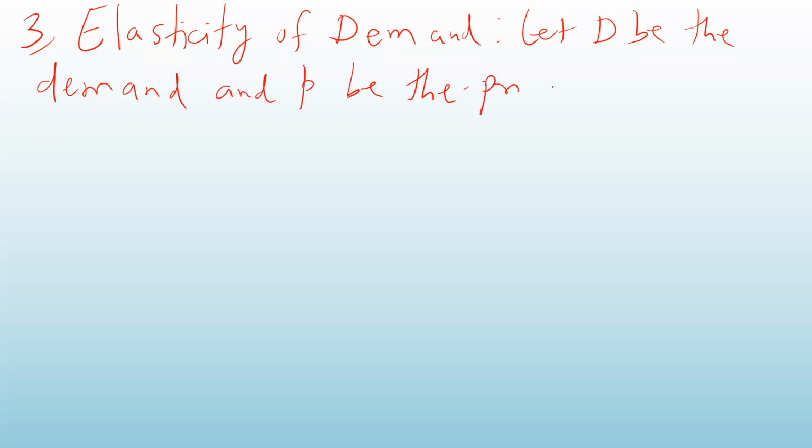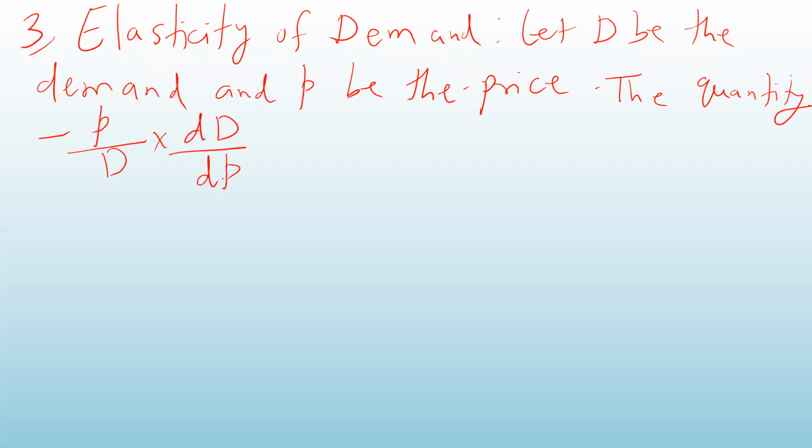Okay. Then the quantity, which we denote by the symbol eta, minus P upon D into the derivative of D with respect to P is called the elasticity of demand with respect to price.